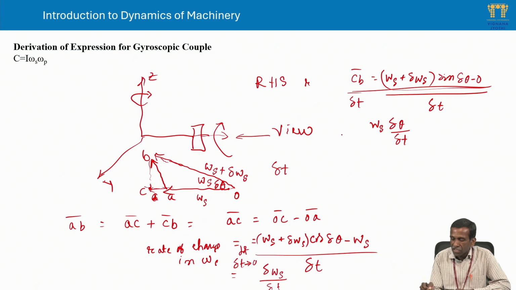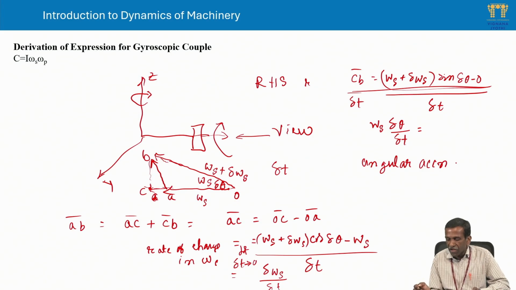This is the rate of change of angular velocity in the direction C towards B. The rate of change of angular velocity, by definition, is angular acceleration.